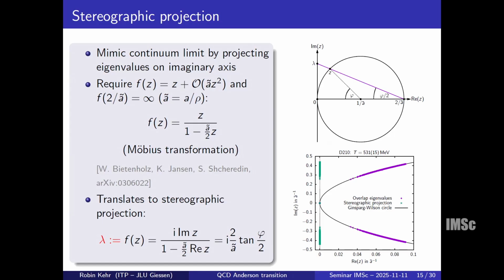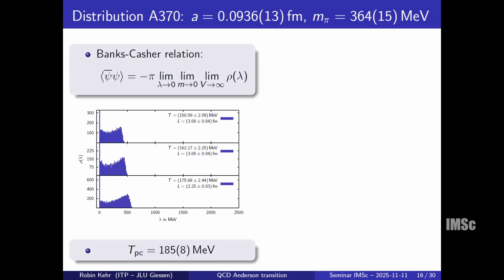That's not too complicated. So now we come to some results. Since I mentioned the Banks-Casher relation, which gives us a condensate by the near-zero mode density, here we are looking at our coarsest and heavy pion lattice first. Below T_pc, which is around 185 MeV, we see a near-zero mode density, which builds the condensate.